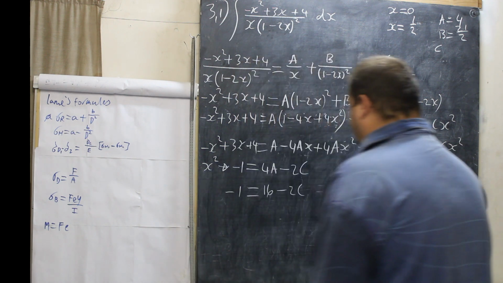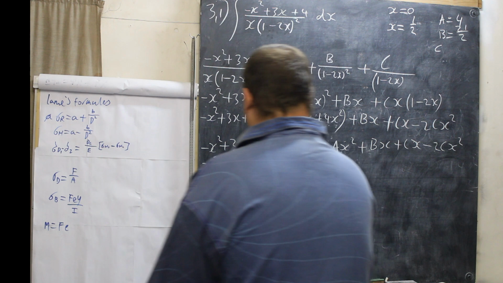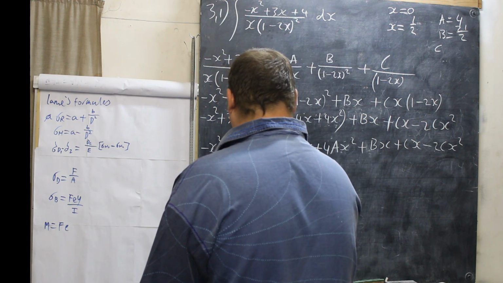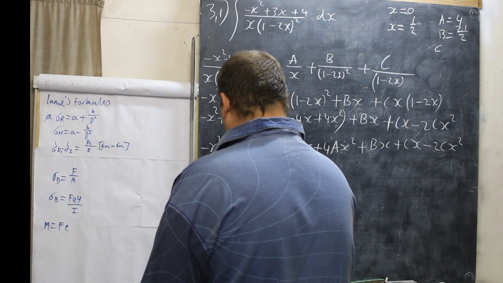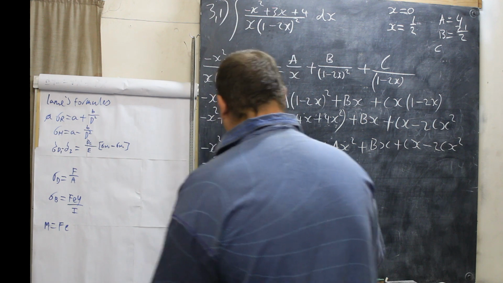Minus 1 minus 16 is minus 17, equals minus 2c.